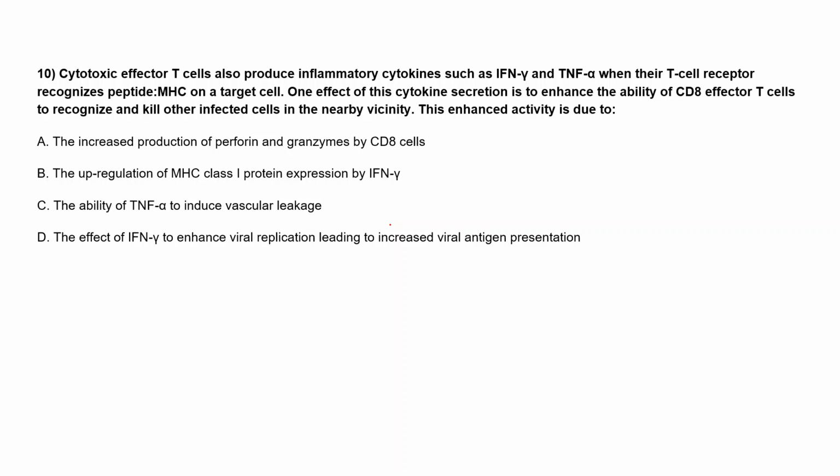So, moving to the last question of this class: the cytotoxic effector T cells also produce inflammatory cytokines such as IFN gamma and TNF alpha, tumor necrosis factor alpha, when their T cell receptor recognizes peptide MHC on a target cell. One effect of this cytokine secretion is to enhance the ability of CD8 effector T cells to recognize and kill other infected cells in the nearby vicinity.